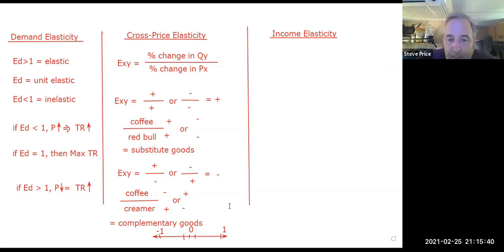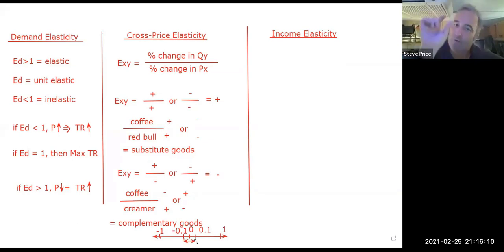So what I want to stipulate is that if your coefficient, if the number you get in this cross price elasticity exercise is between 0.1 or -0.1, I have to move that a little bit. So if it's in between those two lines, I'm going to draw another double arrow line right down here.